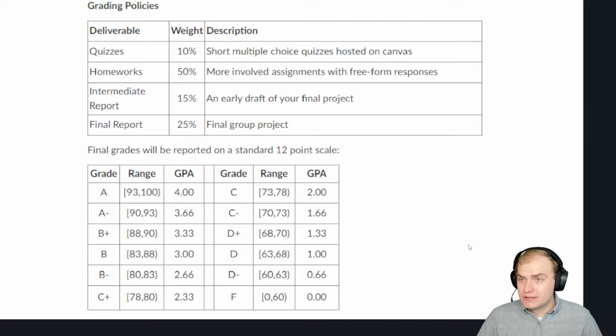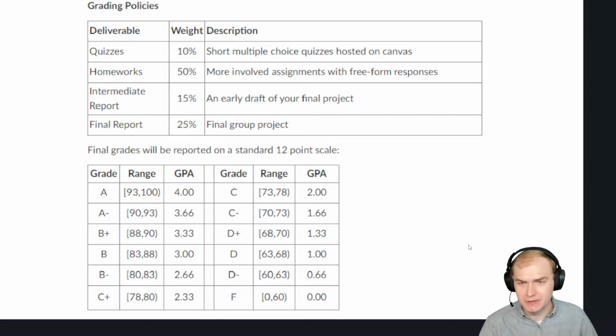Grading policies. I've talked about the reading quizzes that I'll be posting. You'll have homeworks. You'll have a group project that you'll have to do, an early intermediate draft, and a final project that'll be due the last day of class.